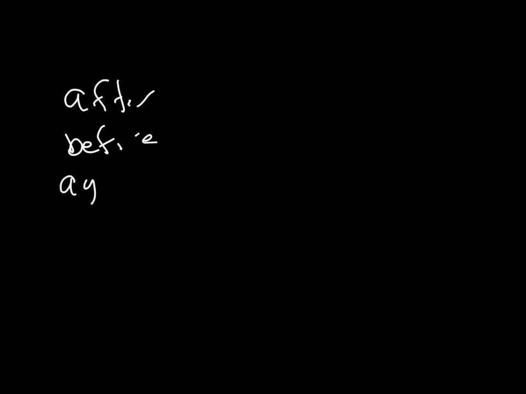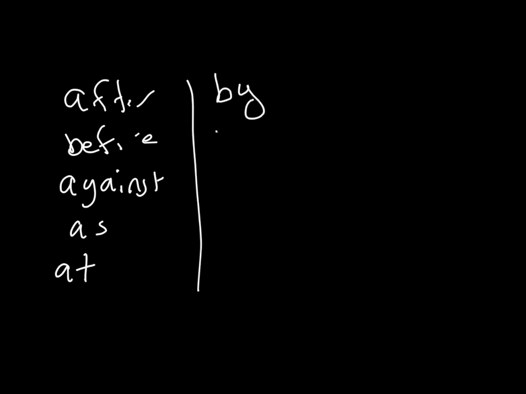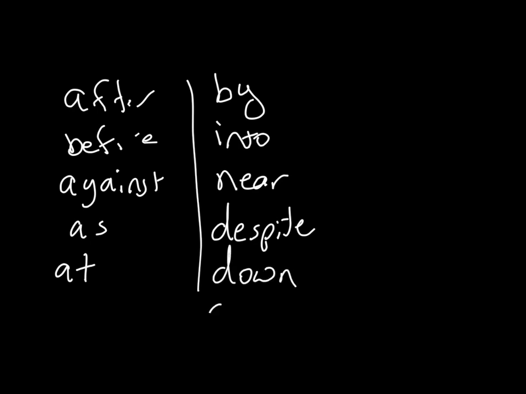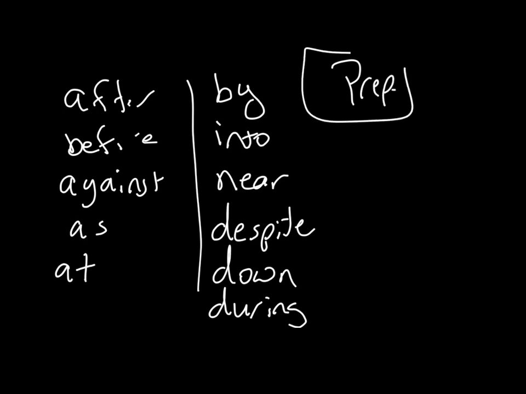We have the word against, and as, at shows location, you have by, into, you have near, a preposition of place. Despite shows a preposition of action in terms of contrast. Down, place, during shows relationship of time, and so on. A lot of these prepositions. All you have to do is check these out in any source that shows the prepositions.